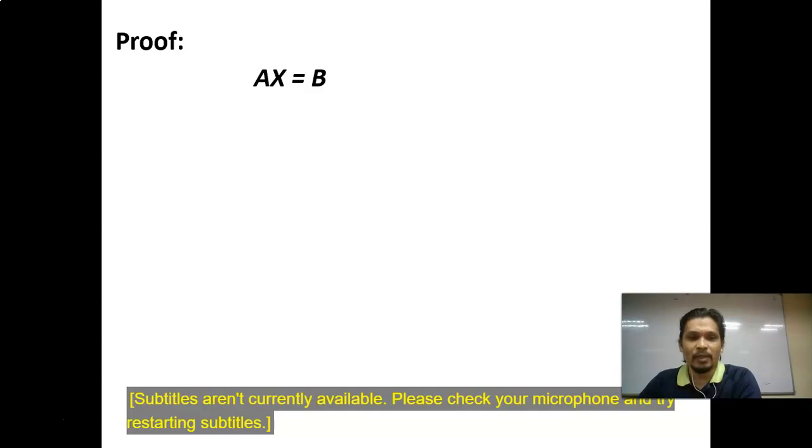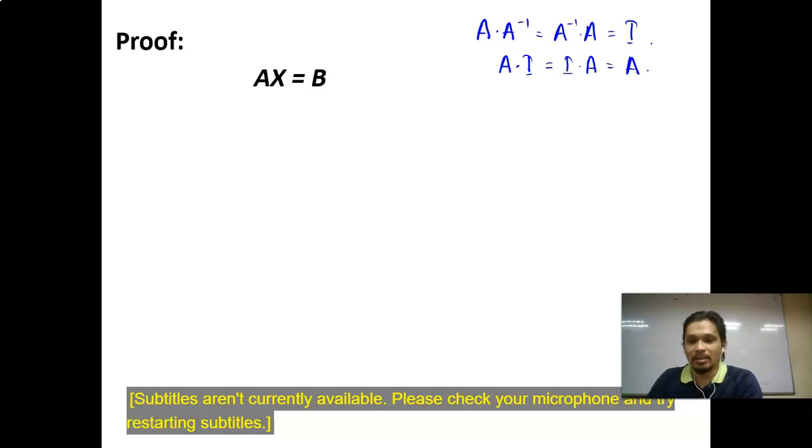Okay, so matrix equation Ax equal to B, and as we know, the multiplication between matrix A and its inverse, or the inverse with the matrix A, is going to give you an identity. And matrix A multiplied with identity, or the identity multiplied with matrix A, is going to give you back the matrix A. Okay, so look at this one here now.